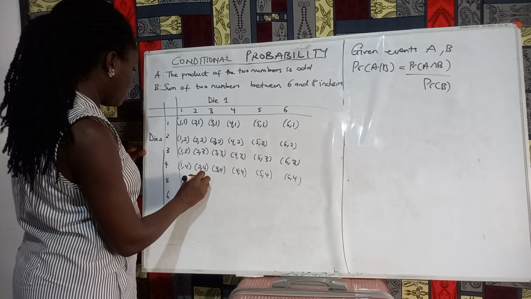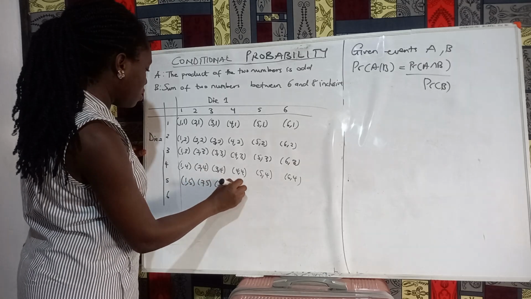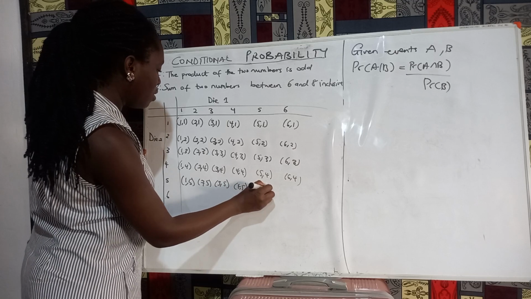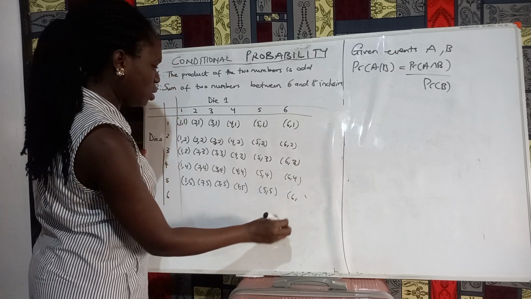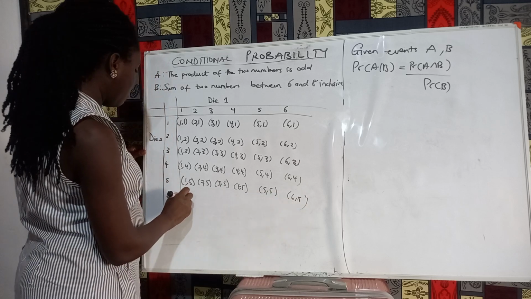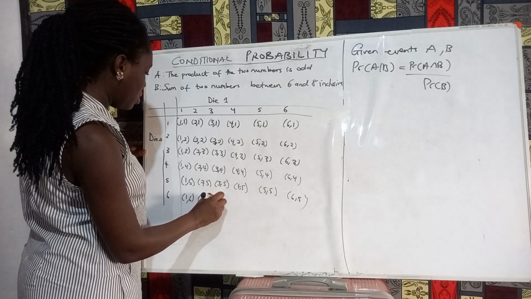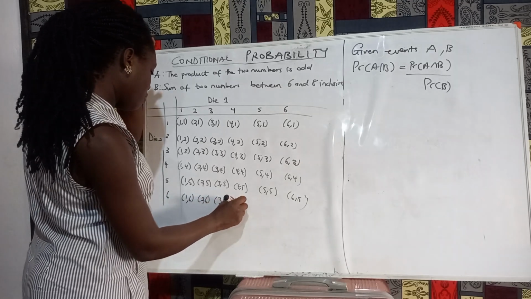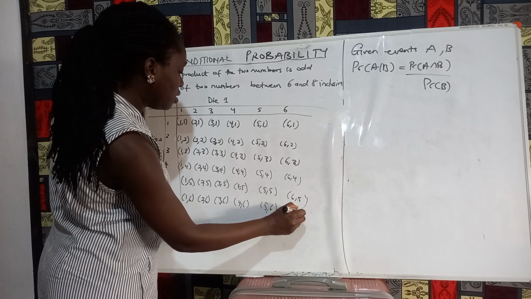Then 1, 5; 2, 5; 3, 5; 4, 5; 5, 5; 6, 5. Then we have 1, 6; 2, 6; 3, 6; 4, 6; 5, 6; and then 6, 6.